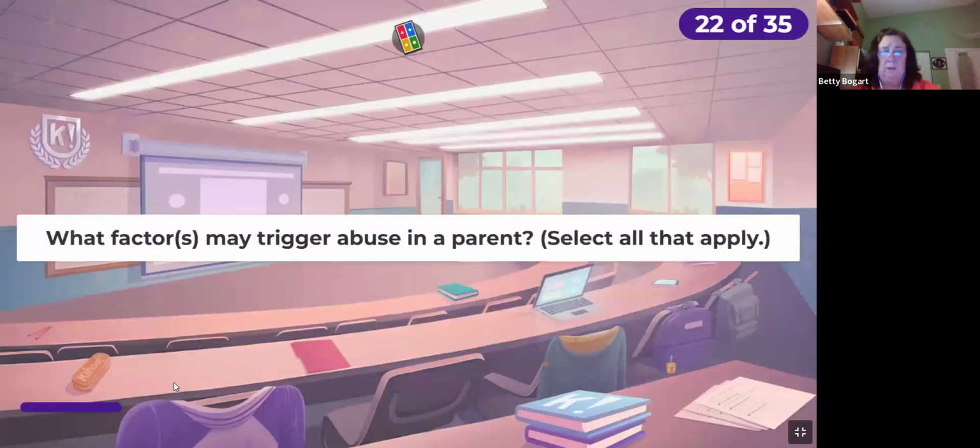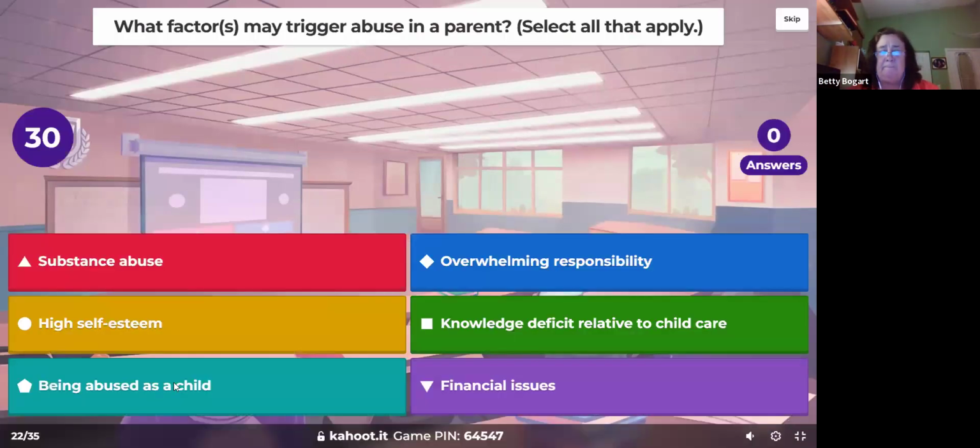What factor may trigger abuse in a parent? Why would a parent abuse a child? It's been researched that a lot of these factors could be the reason.